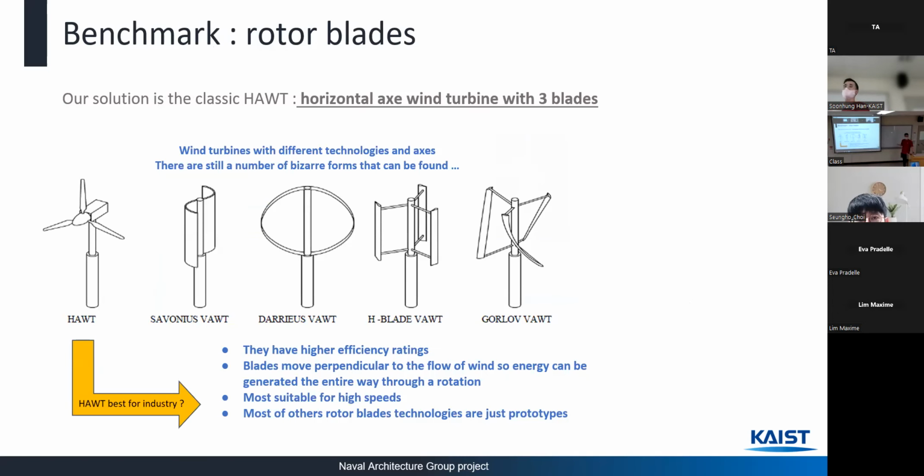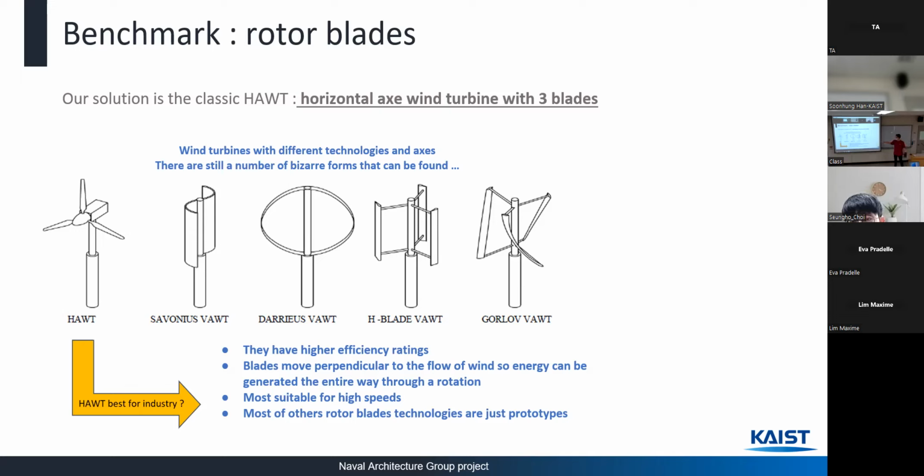We have seen in the lecture that there are different types of rotor blades, but the most common one is the horizontal axis with three blades. That's obviously the one we will choose for our wind farm, because it has a higher efficiency rating.